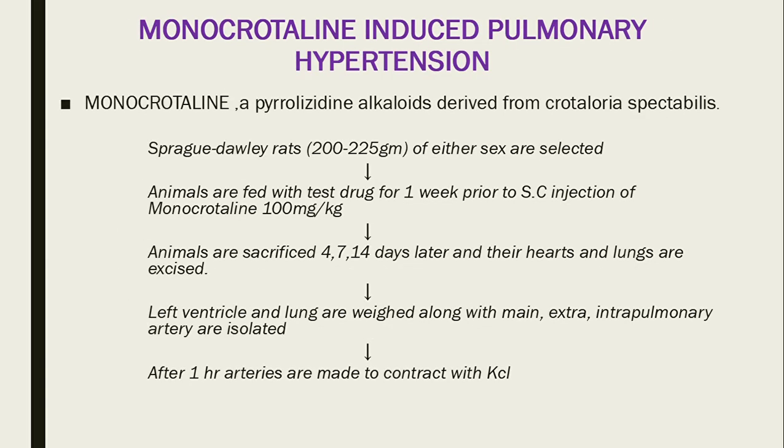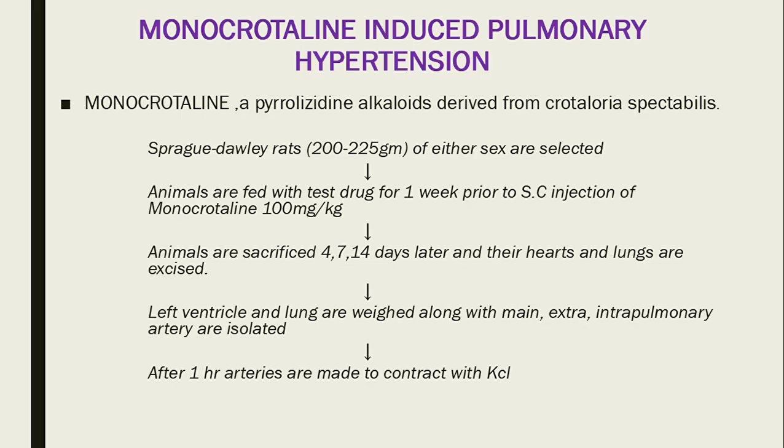Then another method, that is monocrotaline-induced pulmonary hypertension. Monocrotaline is a pyrrolizidine alkaloid derived from Crotalaria spectabilis. In this case, we are using Sprague-Dawley rats.